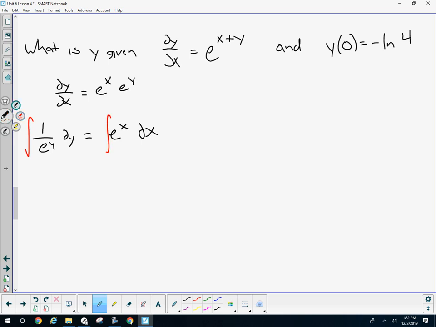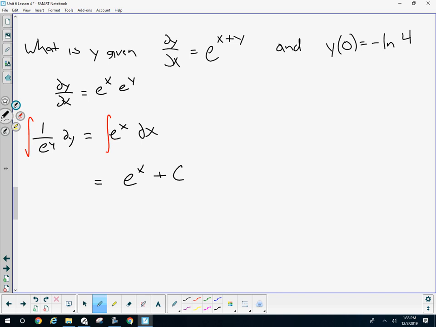Everybody's probably going to get the right side correct. Antiderivative of e to the x is e to the x plus c. But most of you will mess up on the left side. Do we think it's log e to the y? It's not. It's not log e to the y.